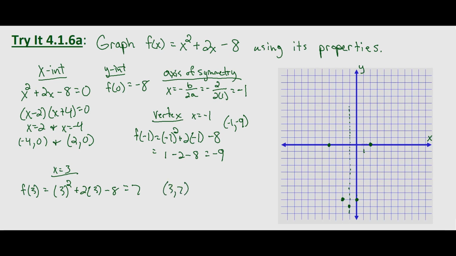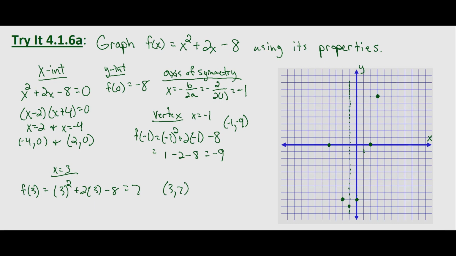We'll go ahead and plot that point. 3 over, 7 up. Now we have a couple options here. We could use our axis of symmetry. If we look at a y value of 7, that point that we just found is 4 from the axis of symmetry.